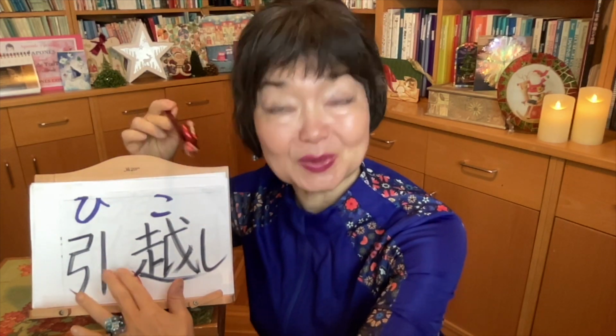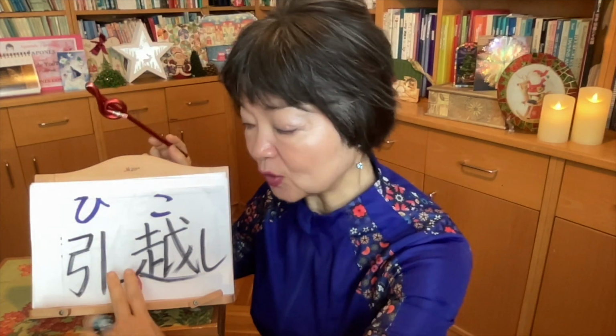But sometimes we can omit this small tsu, but still the pronunciation is the same with tsu, 引っ越し. And also, there's a case without tsu and without shi. So there are three ways, but the pronunciation is always 引っ越し.